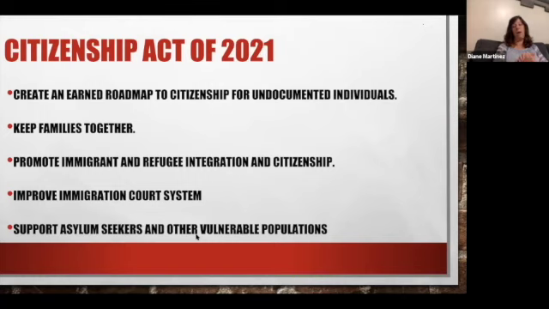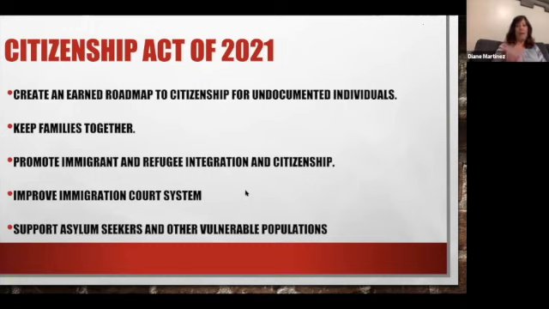And so now they're going to go back and train the judges to make sure that if people meet those requirements, they're not being returned to countries that they could be persecuted in and in some cases killed.